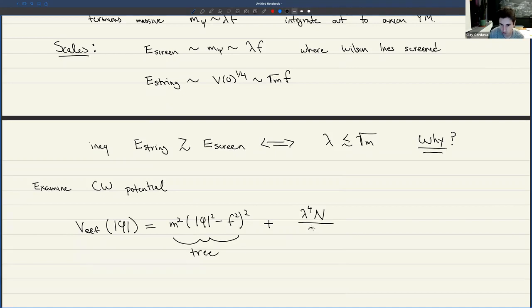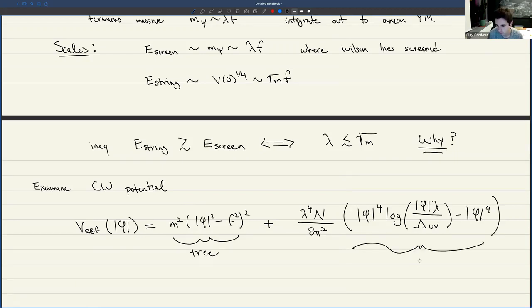I'll even write for you some pi's. So this is the Coleman-Weinberg part. And big lambda UV is the cutoff.